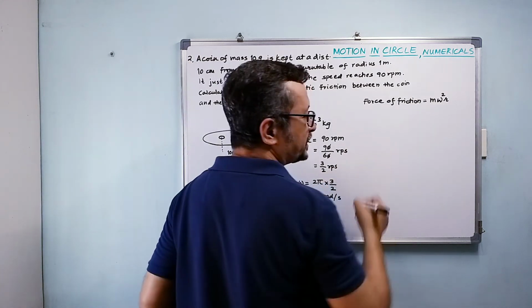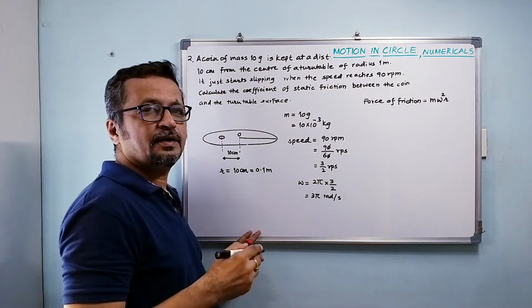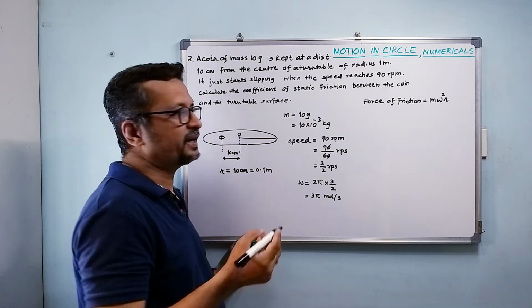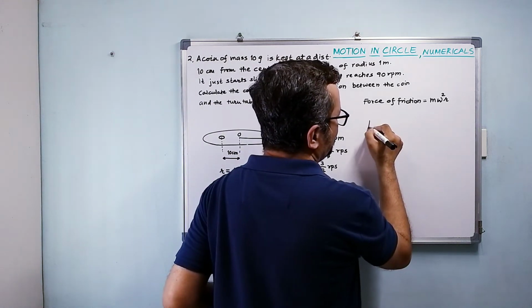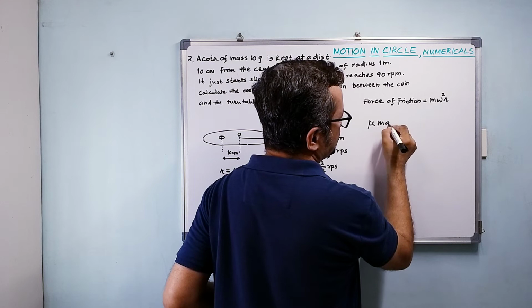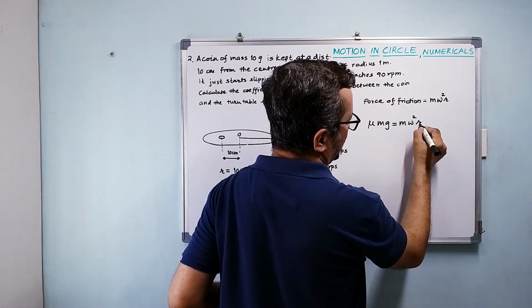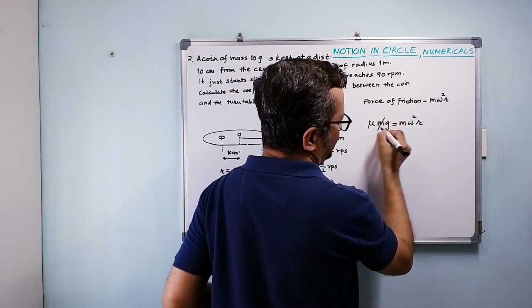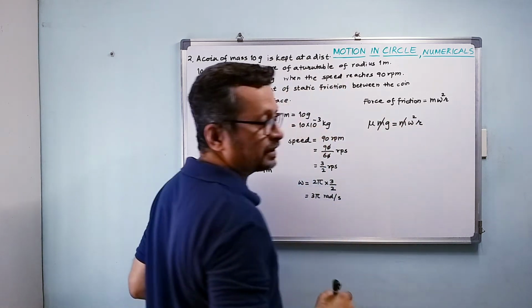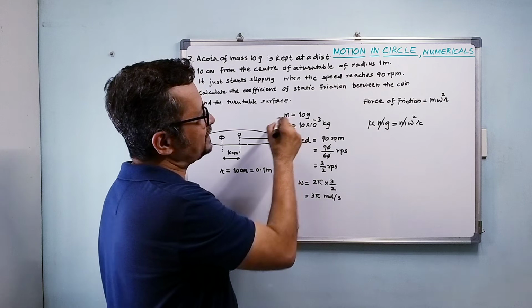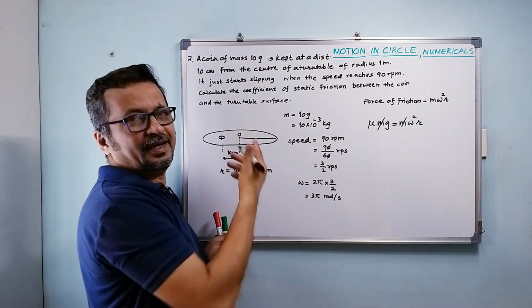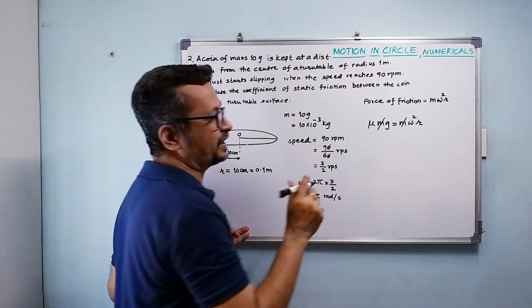And what is force of friction? Force of friction is mu times the normal reaction. So mu times mg is equal to m omega square r. So m I'm going to cancel on both sides. So this m which is given, it is not required. So it is extra data.